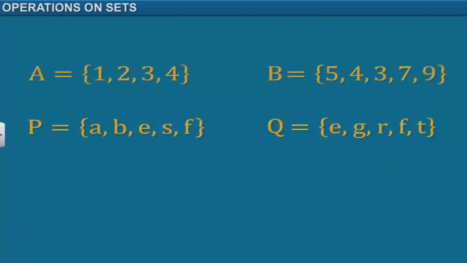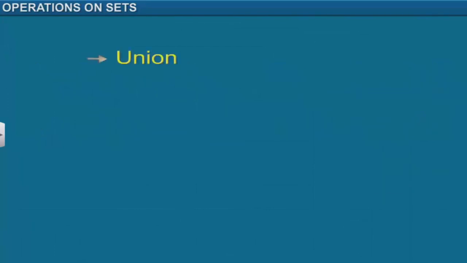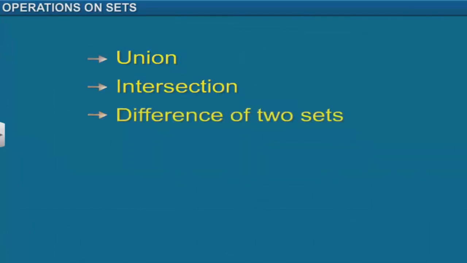We can perform various operations on sets. Examples of operations are union of sets, intersection of two or more sets, difference of two sets, and complement of a set. Let us learn these operations in more detail.